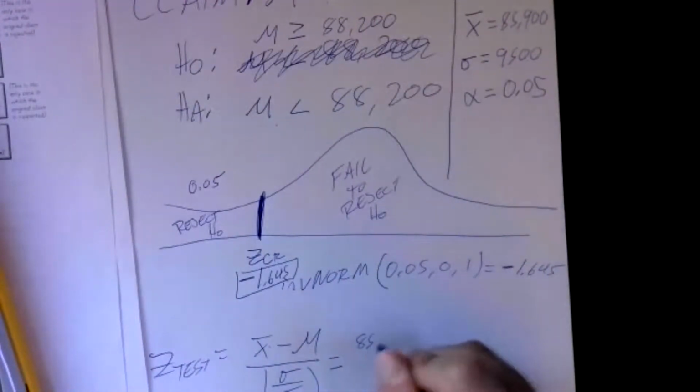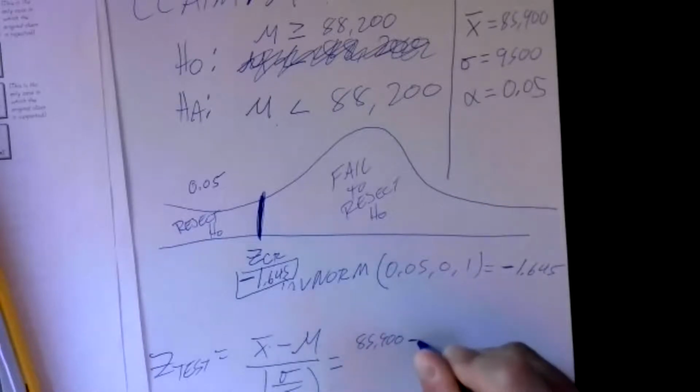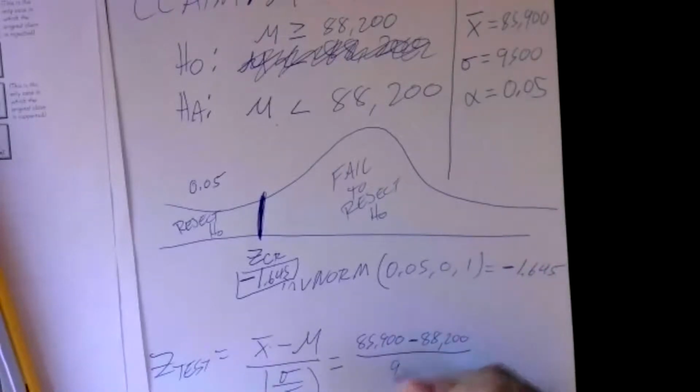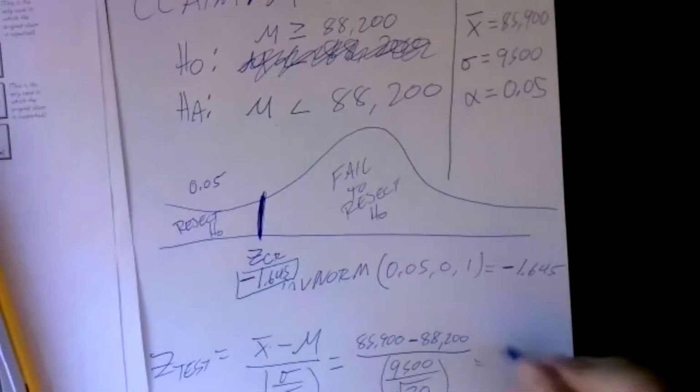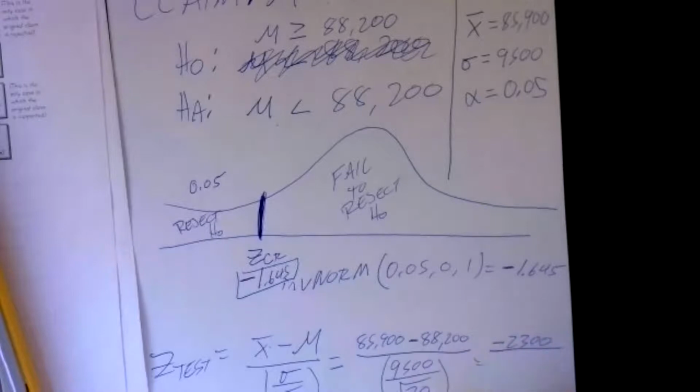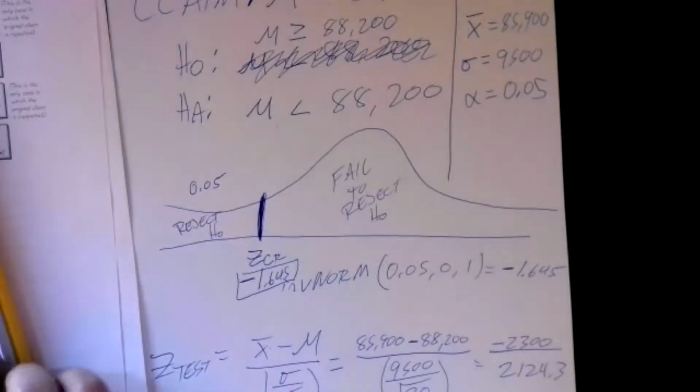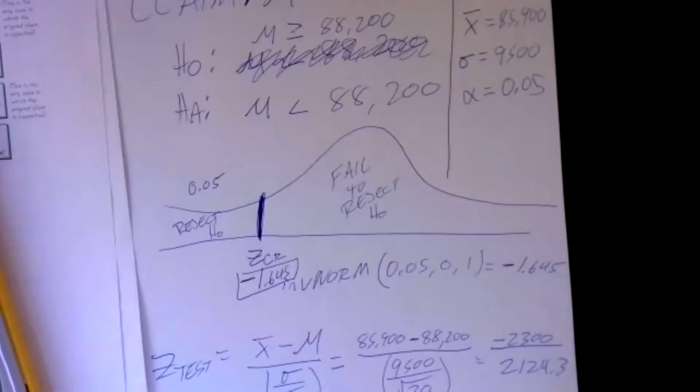Sample mean is 85,900 minus assumed population mean is 88,200 over 9,500 over the square root of 20. Negative 2,300 on the top. 2124.3 on the bottom. Which is negative 1.08.